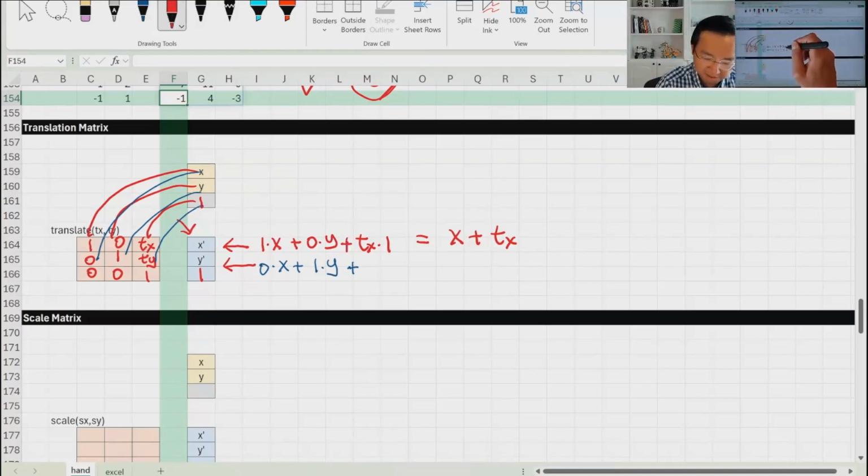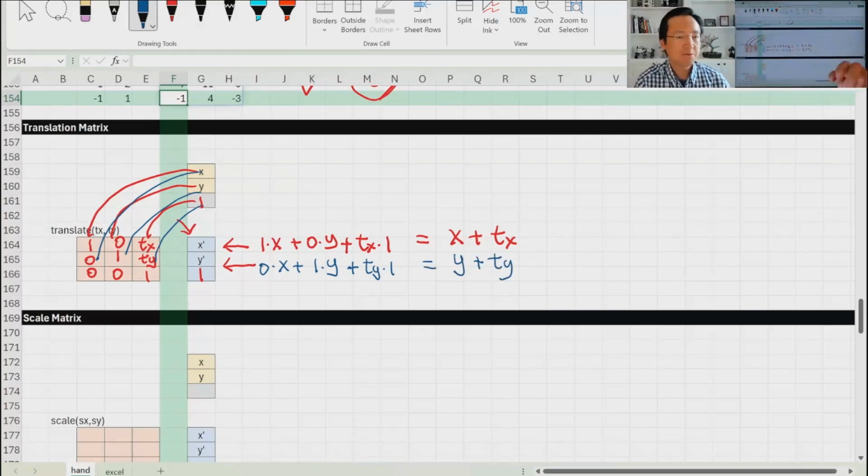This should be plus, okay? And ty times 1, which gives us y plus ty, all right? So now I just proved the equation that we could normally derive: the transformation matrix multiplication actually gives you the same result as applying translation to each component.